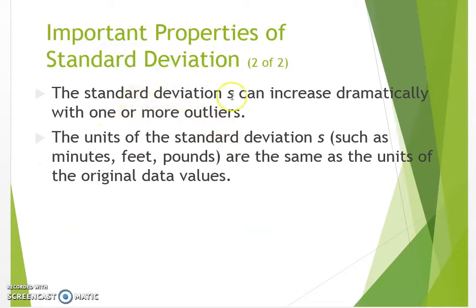Also, the standard deviation can increase dramatically with one or more outliers, so it's also not resistant to outliers. The units of standard deviation are the same as the units of the original data values, so they would carry the same units if you are considering some application questions.